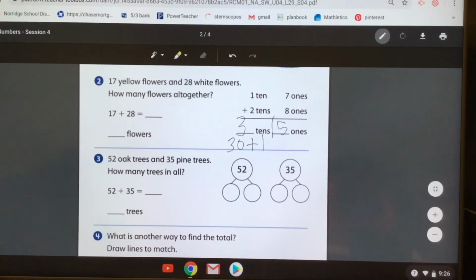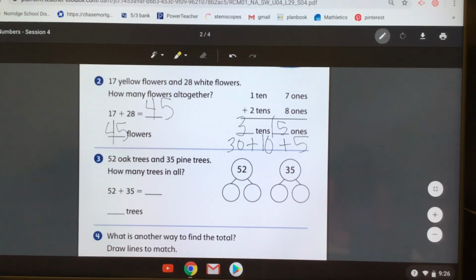So that's plus 10 plus 5. Or you could just add 30 plus 15. All right, so we have 30 plus 10, which is 40. 40 plus 5 is 45. So 17 plus 28 equals 45. There are 45 flowers.